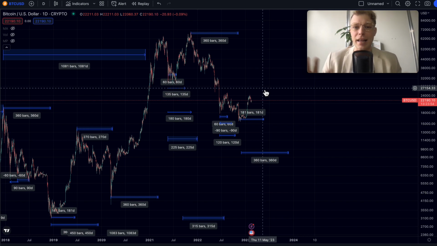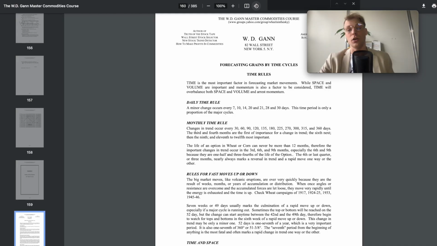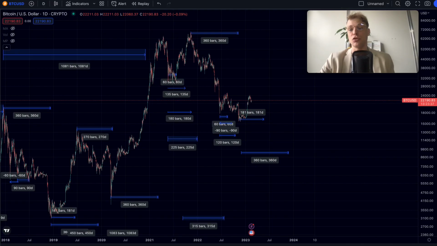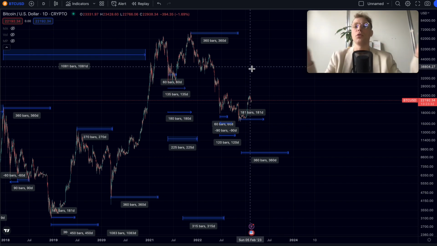Then we get this atmosphere of up only. We can only go up, right? But if you can center yourself and say, whoa, okay, right now we are actually at a key period of a potential reversal, a change in trend, like Gann is calling it, and you see an explosive move, you already can put things in perspective.